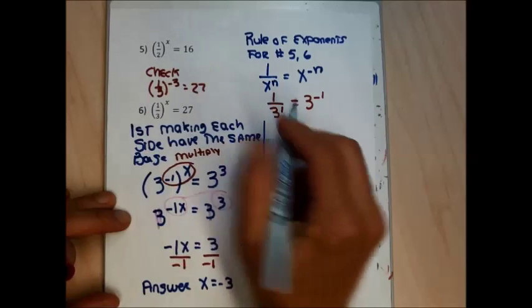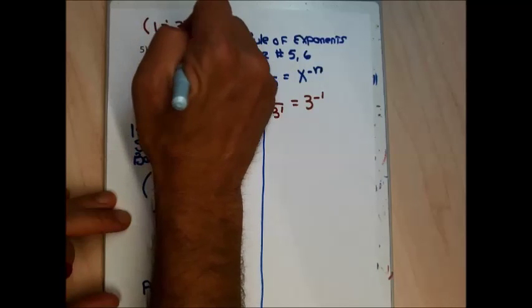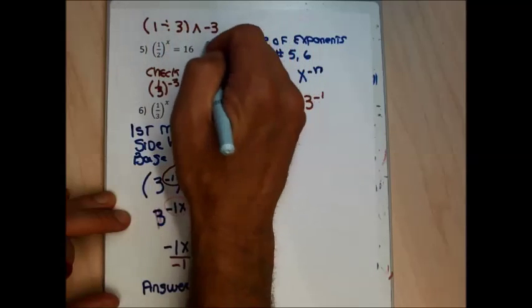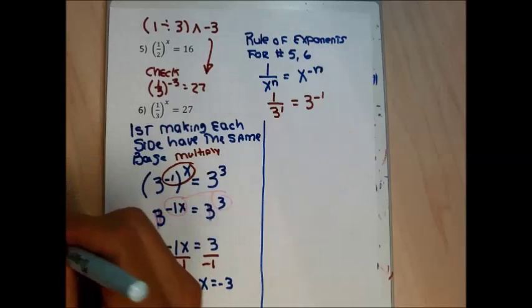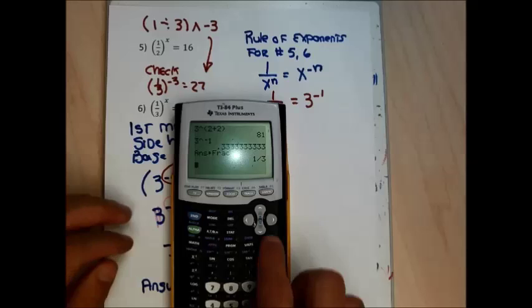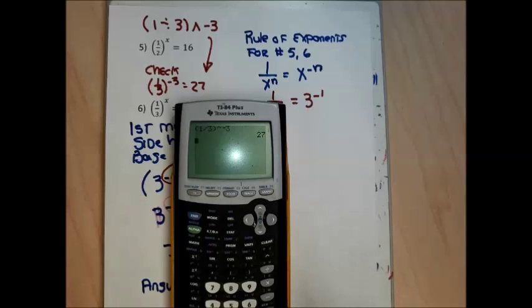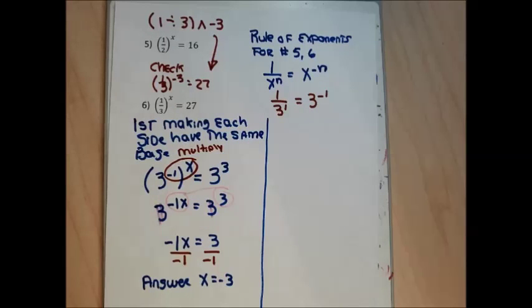On my calculator, I'm going to have to go parentheses 1 divided by 3, parentheses up arrow negative 3, and that should equal the 27. So on my calculator for the left-hand side, I need to do that. So real quickly, parentheses 1 divided by 3, parentheses up arrow negative 3, and when I hit enter, I get 27, so I know that that answer is right.